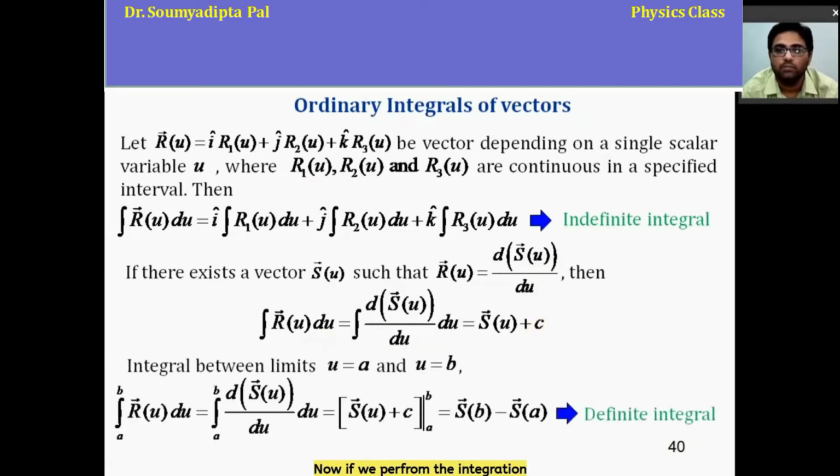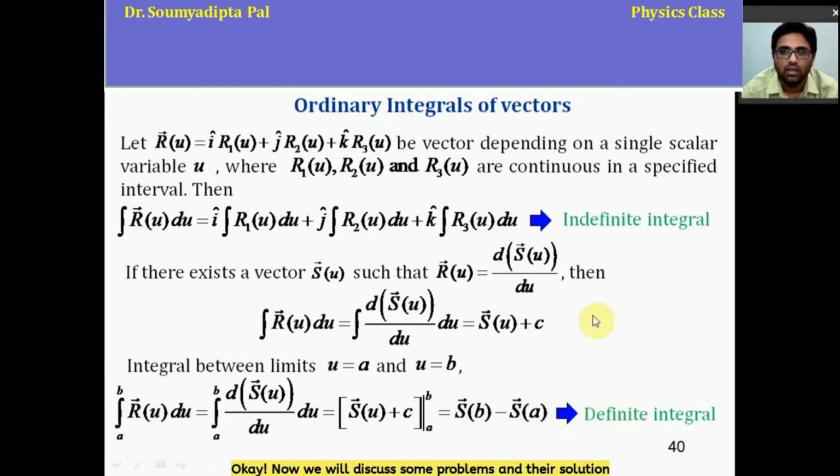Now if we perform the integration between an interval of upper limit b and lower limit a, then the integration value will be the value of S(u) at b minus the value of S(u) at a, right? And this is the concept of definite ordinary integrals of vector.